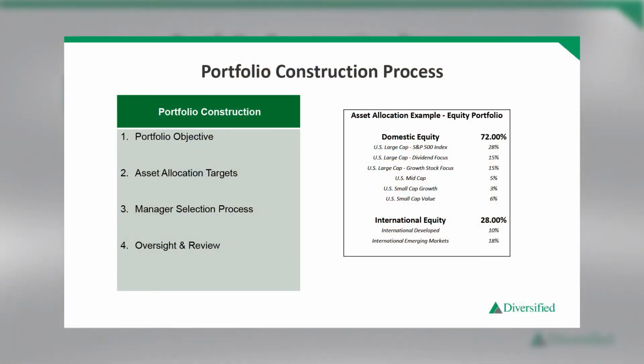From there, we tend to create our asset allocation targets. Asset allocation targets are when we look at all of the available asset classes and see how much in each one we should have. There's a lot of research that goes into this. We create our biases. Maybe we prefer US over international, or large cap over small cap. Maybe we prefer a specific style of investing, maybe growth stocks, technology, healthcare, consumer discretionary, different types of sectors that we want to target.